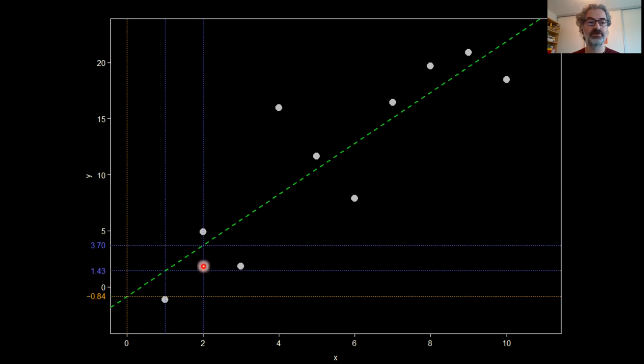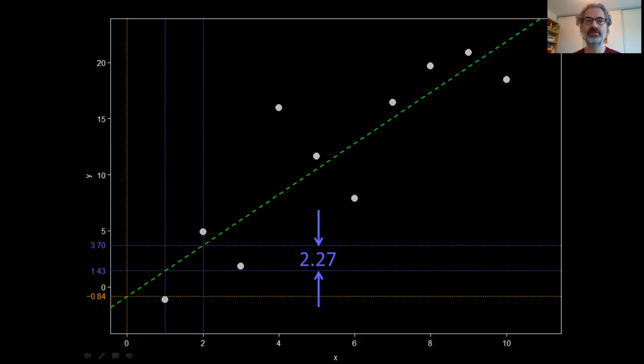And for x equals 2, our predicted value for y is right here, and that's 3.7. The difference between these two predicted values of y is 2.27. That is, the difference in predicted y when x increases by 1 is 2.27.